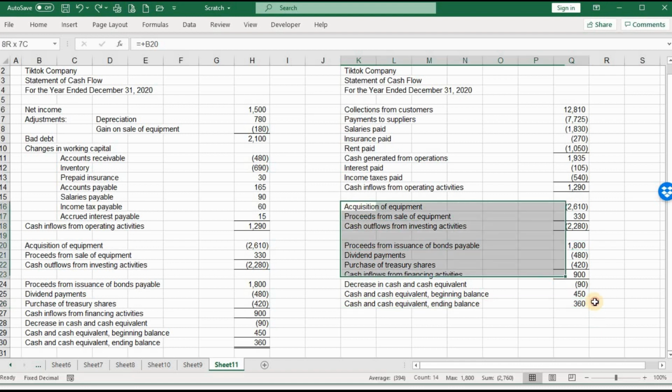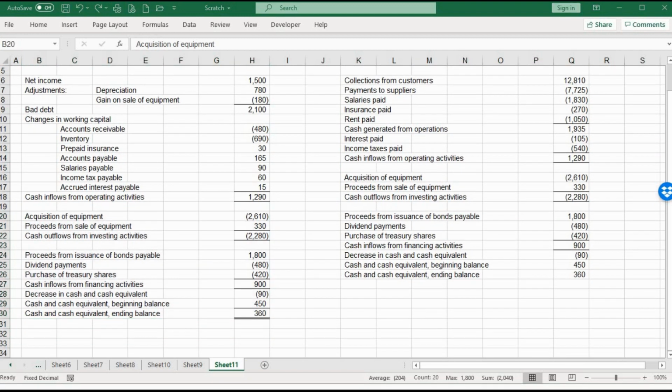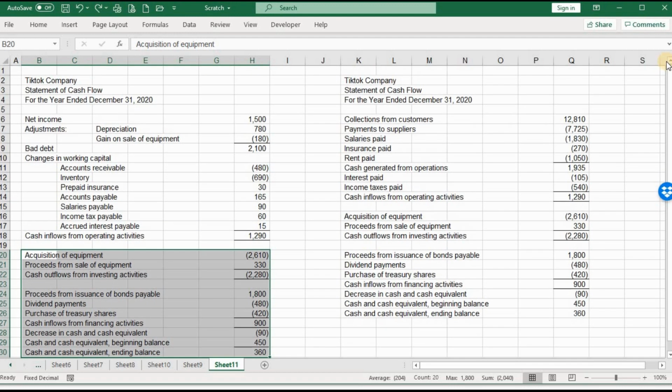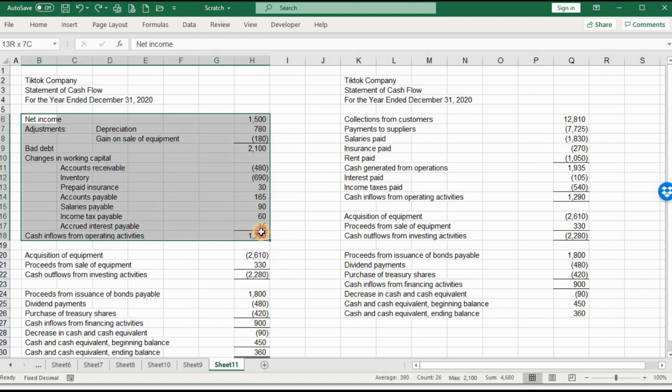Again, this section of the direct approach and this section of the indirect method must be the same, because regardless of the method, the investing and financing activity must be presented under the direct approach. However, for the operating activities, under the indirect approach, we just compute for the cash inflows from operating activities using the increases and decreases in the working capital.